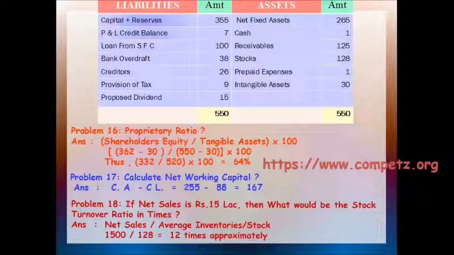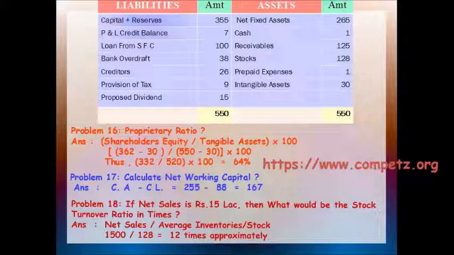Next to compute is your net working capital. Friends, the formula is current assets minus current liabilities. What are current assets here? First see your asset side 550. 550 minus your intangible assets 30, minus your net fixed assets 265. The rest all is your current assets. So current assets is 255 minus current liabilities, which is 88.